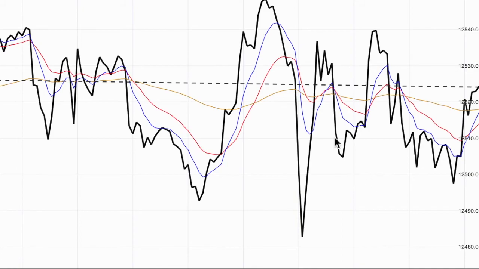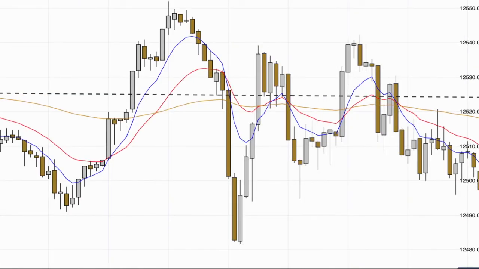Let's have a look at these two, this pattern here and this pattern here, in a bit more detail, see what was occurring via the candlestick charts. So you can see here, that's the first pattern and that's the second pattern there. So what have we got? We've got a big bear move down, lots of consecutive bear bars followed by a bull move up.